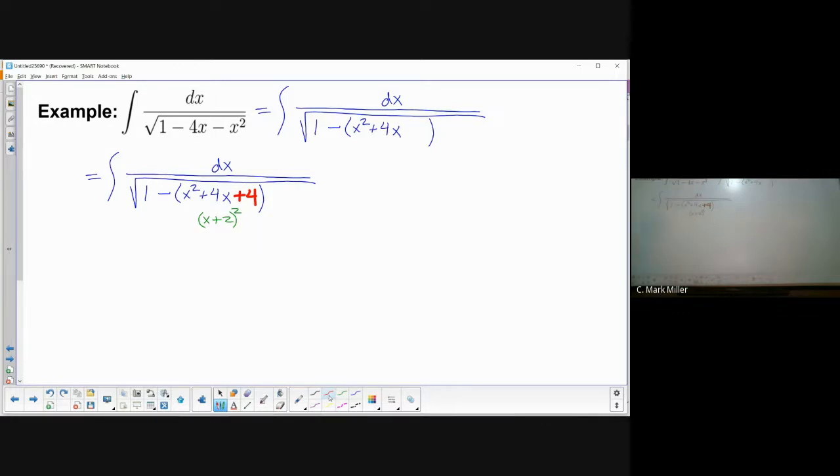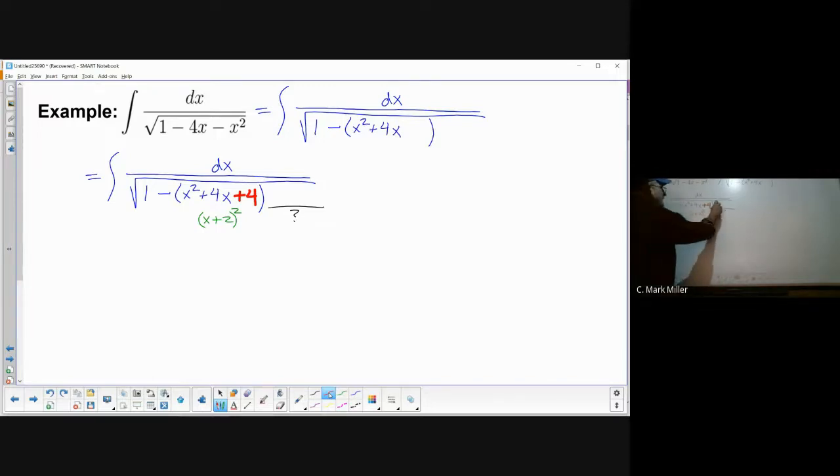Question. What do I have to put here to compensate for that plus 4 that I put there? What do I have to put in the blank? Fill in the blank. Pop quiz. Well, let's try out 2.